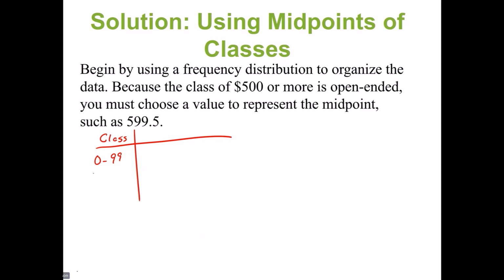And then 100 to 199, and then 200 to 299, $300 to $399, 400 to 499, and then we had our class of 500 plus.